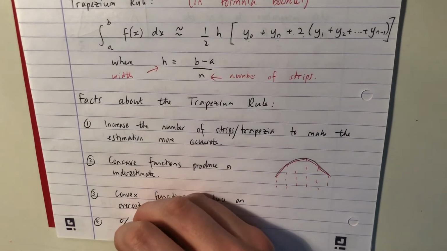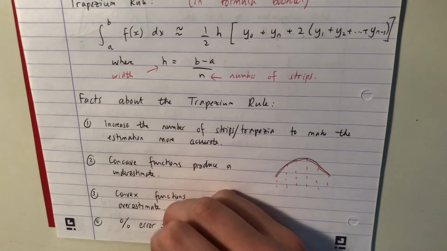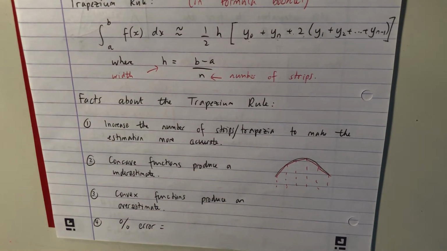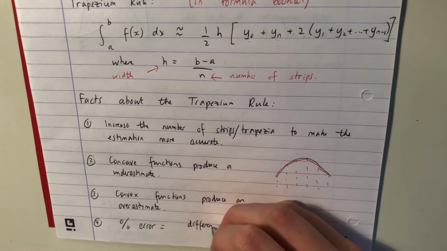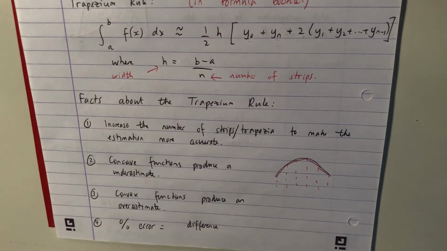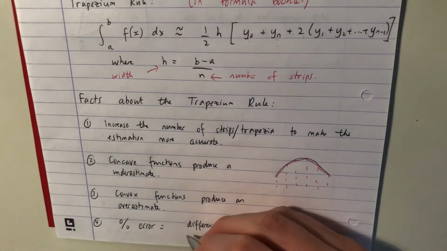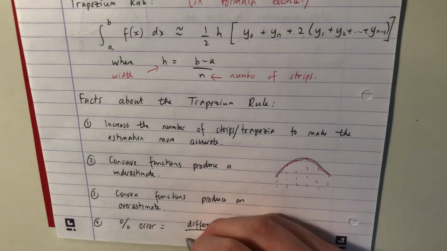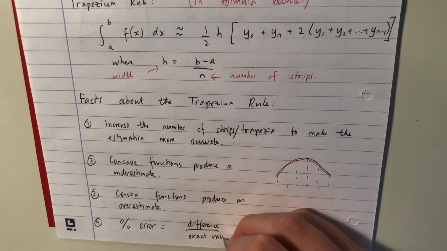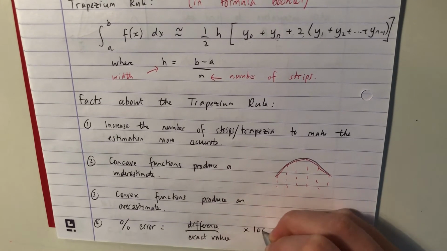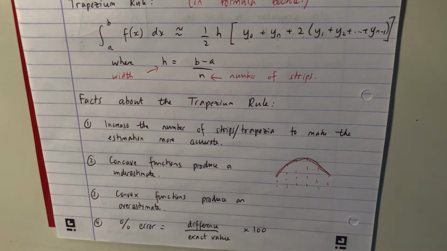The formula for percentage error is something which you've done previously, and it is the difference between the actual value and the estimated value over the exact value, times by 100. So you might have to use that formula at some point in the exercise.